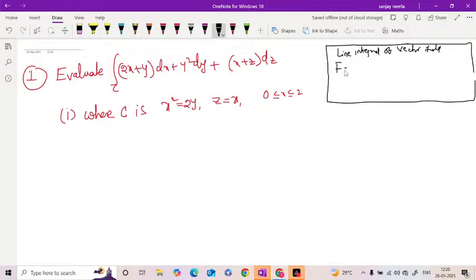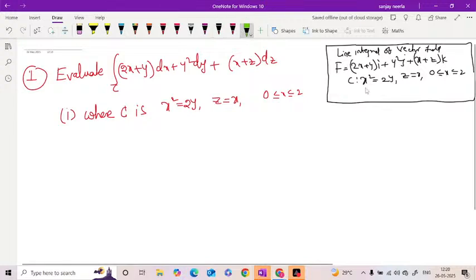Here they will give F is equal to (2x plus y) i plus y square j plus (x plus z) k, and the curve is x square is equal to y and z is equal to x, and x values are in between 0 to 1, and maybe the question is: find the line integral. So F dot dr, both have the same meaning. Okay, anyway, so it is clear.